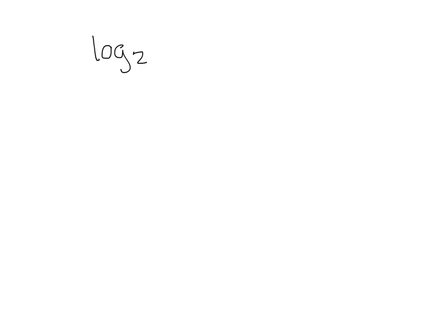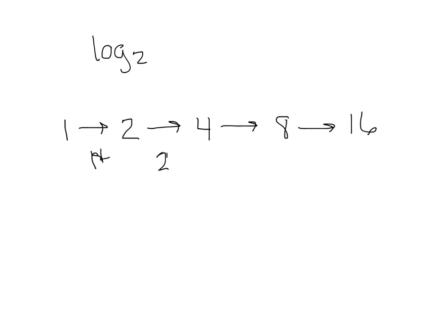So the way to explain log base 2 is that if you understand that one cell divides to become 2 cells, and 2 cells divide to become 4 cells, and 4 to 8, and 8 to 16, what you know is that each one of these can be considered a generation. So the first generation is 1 to 2, the second generation, third, fourth, etc. So what we know is that if you think about the log base 2 of any number, it's really the number of generations it took to get to that number.